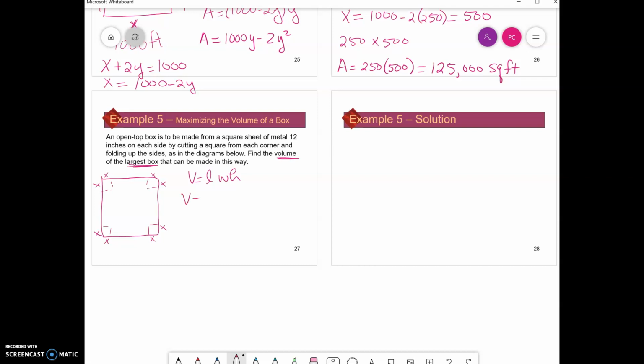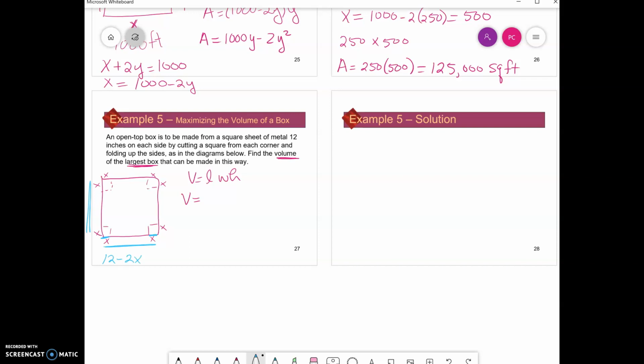So let's think about this. The length, and I'm going to write this in blue, and the width, both of those are going to be the same number. We know we started with 12 inches, and then we're cutting off an x value on each side, so it'd be 12 minus 2x.